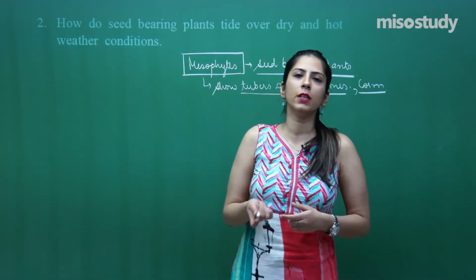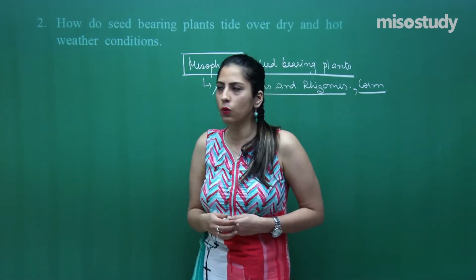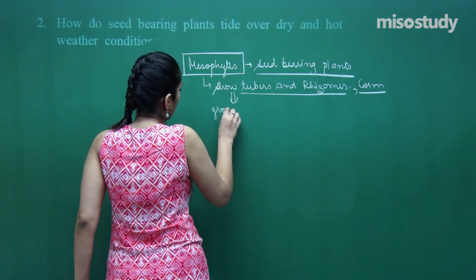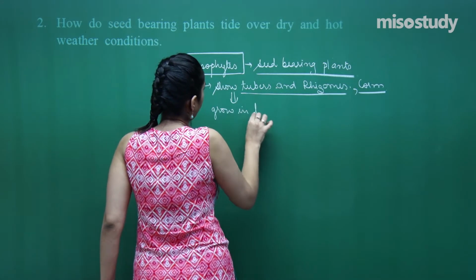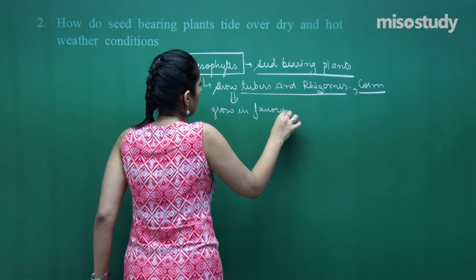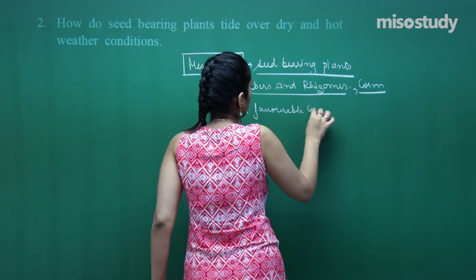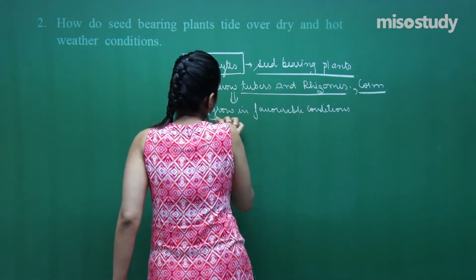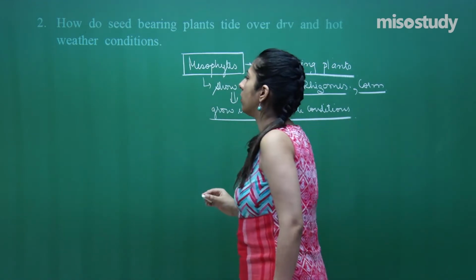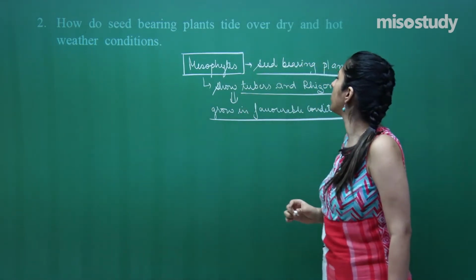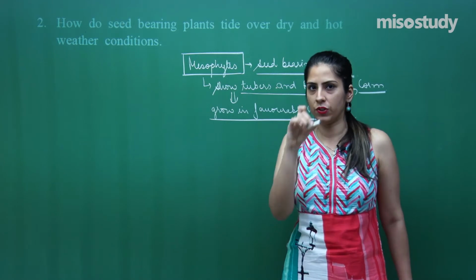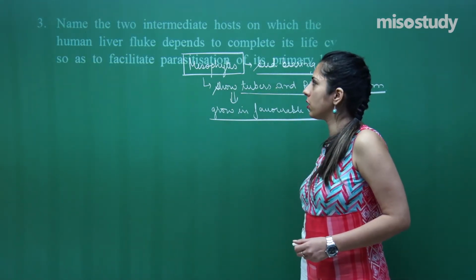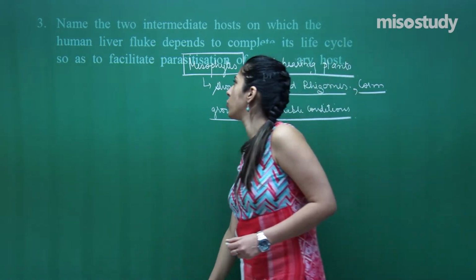Then when a favorable condition comes, they again grow in favorable conditions. That is how seed bearing plants tide over the dry and hot weather condition. Now, let us move on to the next question. The next question is also a 1 mark question.